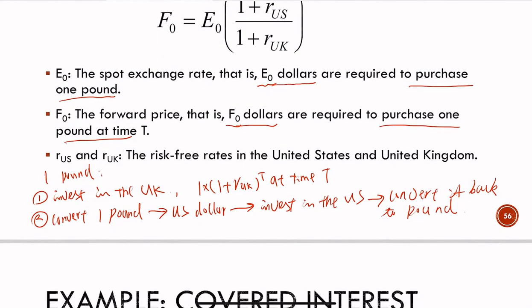So if you're using this second way of trading, how much can you get? Well, first you will convert 1 pound to US dollars. So you will get E0 US dollars, right?